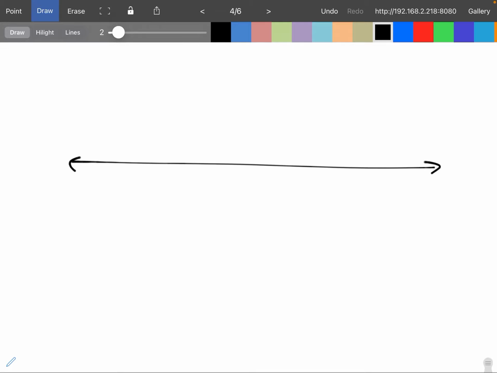And those arrows mean that my number line goes on forever in both directions, right? And then we'll put 0 right here. 1, 2, 3, 4. Negative 1, negative 2, negative 3. That's probably good enough.